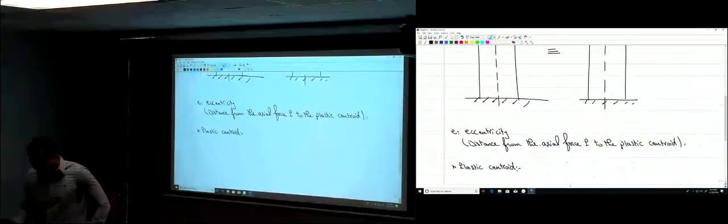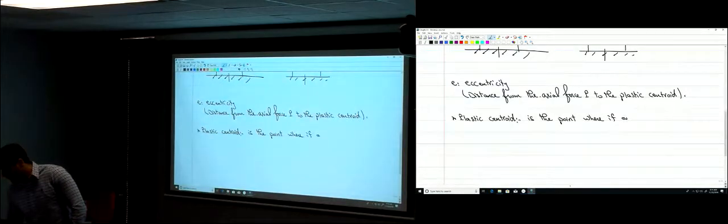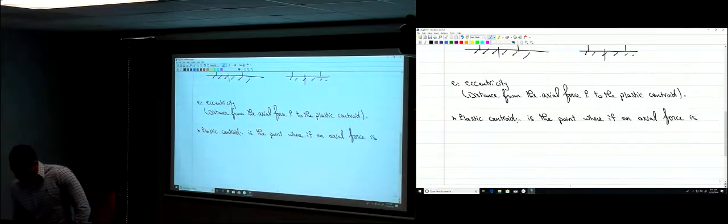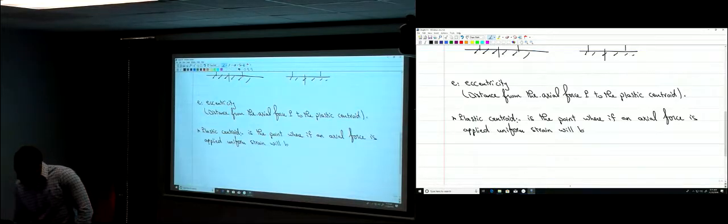The plastic centroid is the point where, if an axial or normal force is applied, uniform strain will be developed.